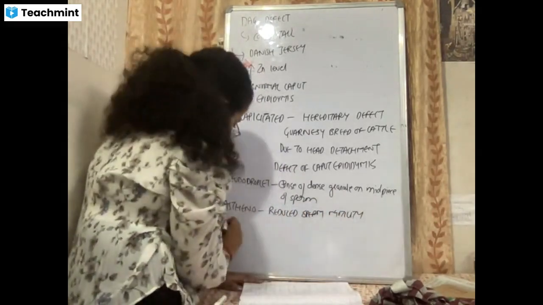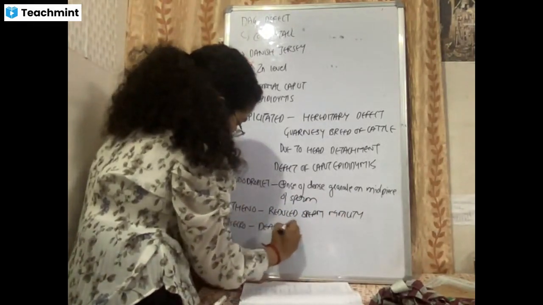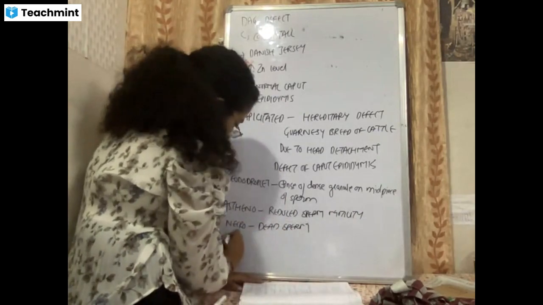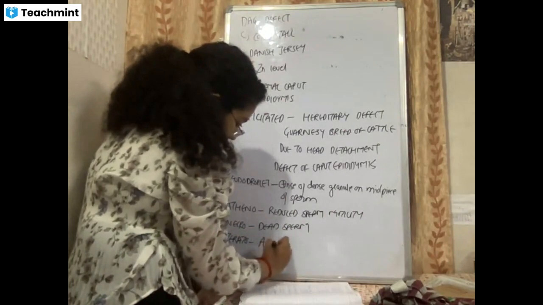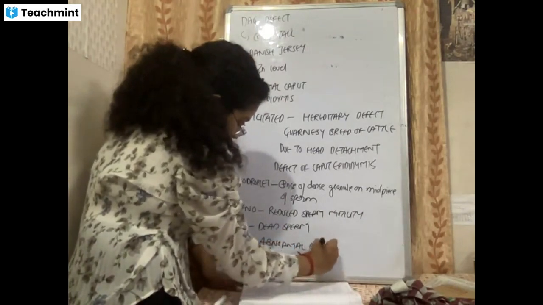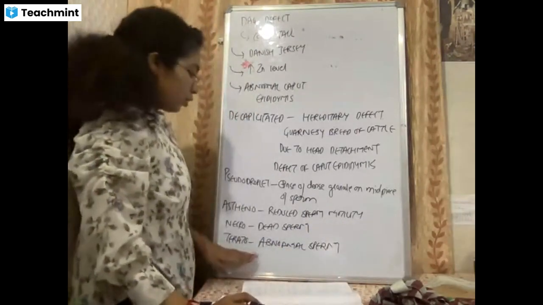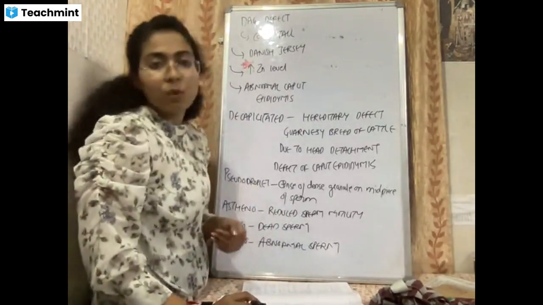Then we have necro, which means dead sperm. Then we have kerato, which means abnormal sperm. Kerato means abnormal, necro means dead, astheno means reduced motility.